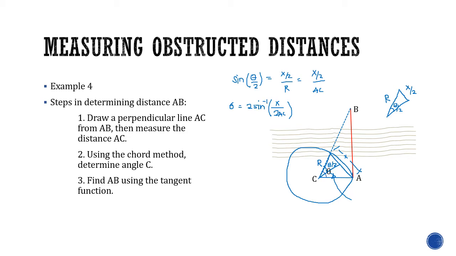So ito yung magiging equation mo to get the included angle. Yun na yung gagamitin mo. Tapos tangent theta times AC ay equal to AB. So yung theta na na-compute natin dito, gagamitin natin for the computation ng distance AB.